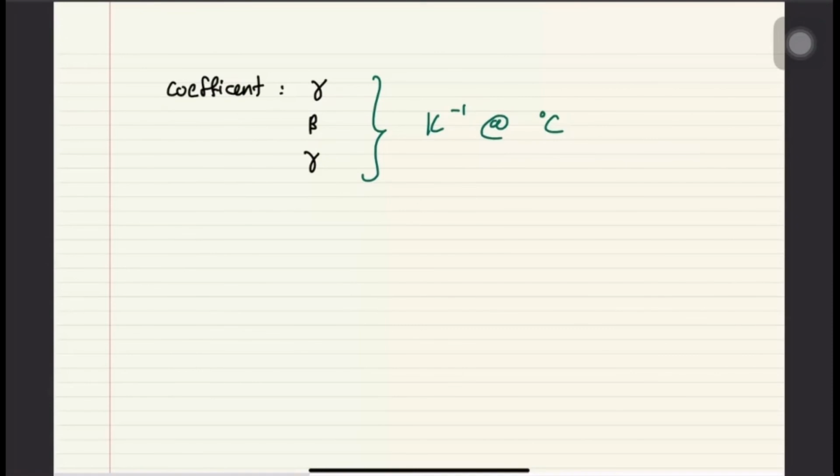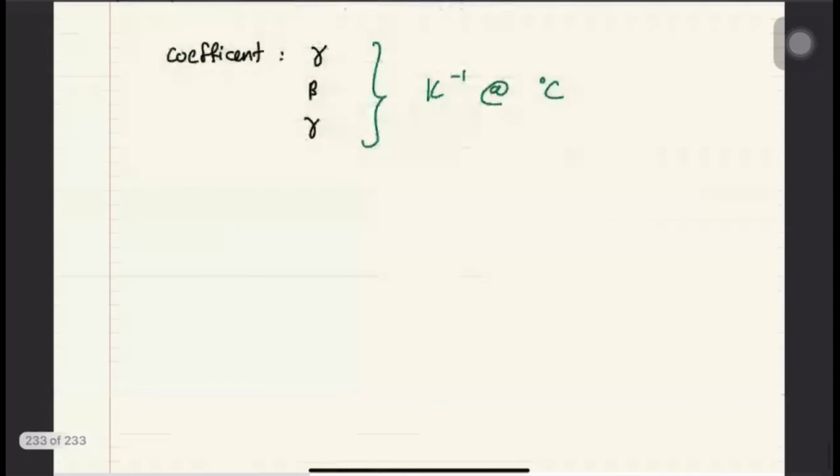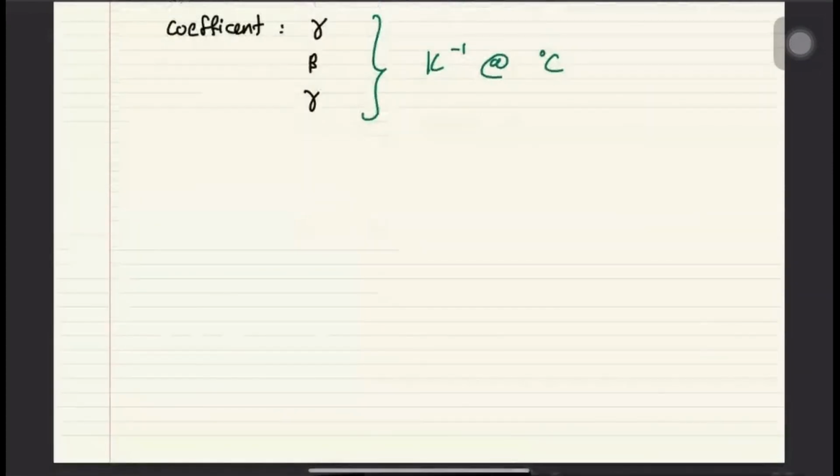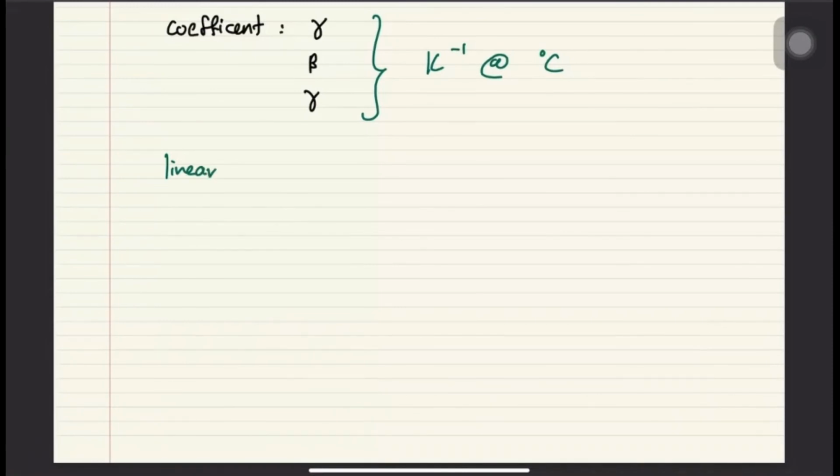Okay. And then saya kasih satu contoh je lah. Dia senang sangat, dia tak ada masalah pun. Kalau mungkin saya boleh lukis sikit apa maksud linear, area dengan volume. Okay, kalau linear expansion means that dia pemanjangan satu dimension je, which is the length lah.